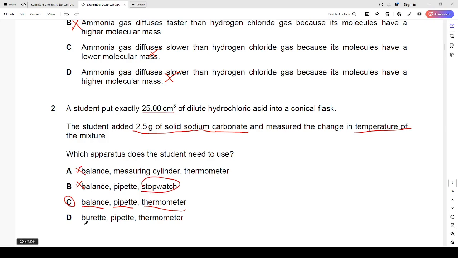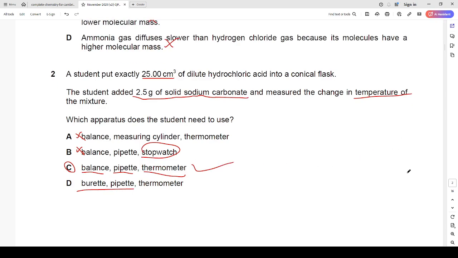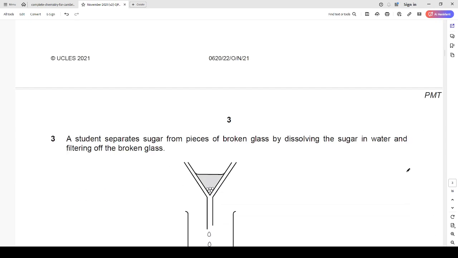The last option, the burette, pipette. These two devices are only used to measure volume. So with this option, the mass of the solid is not taken care of as regards measurement. Therefore, we stick with option C, which is the correct option. Now let's go to the third question.